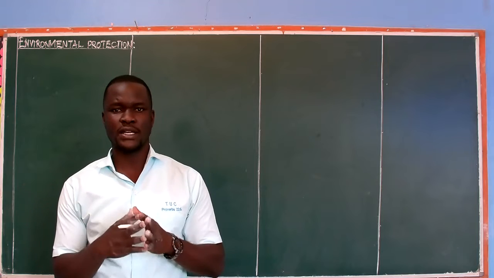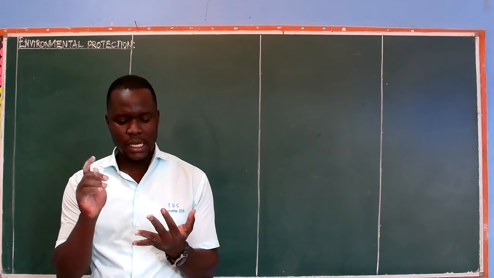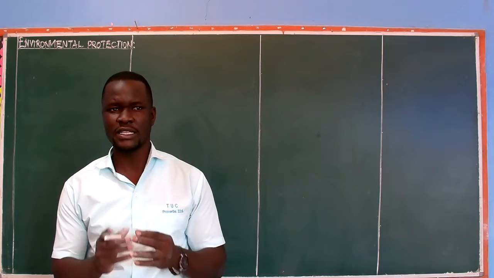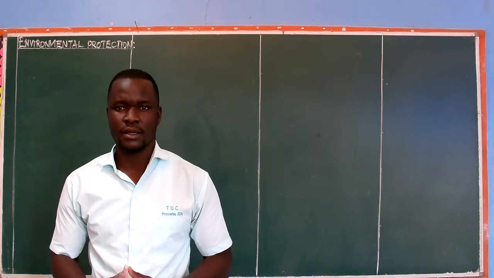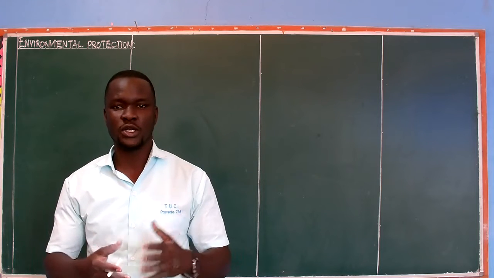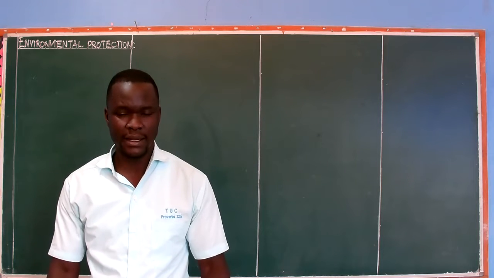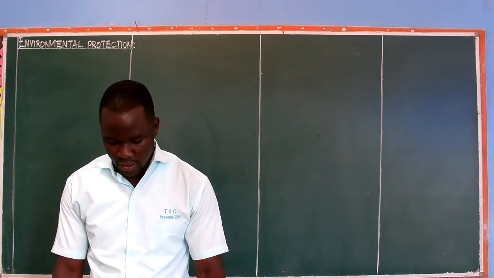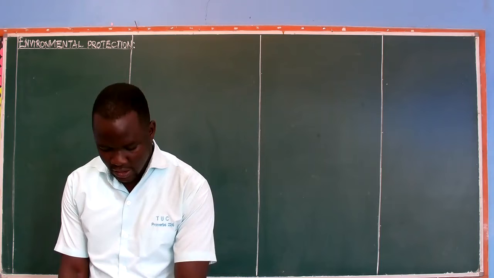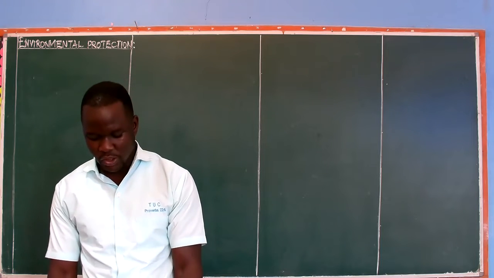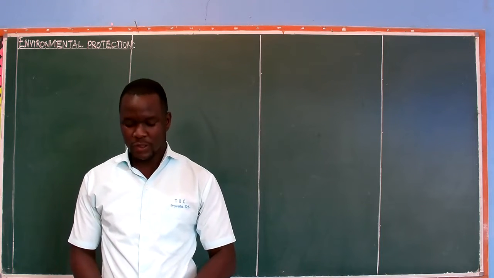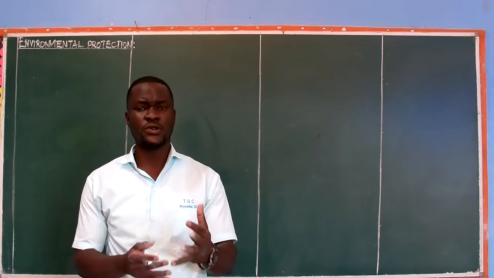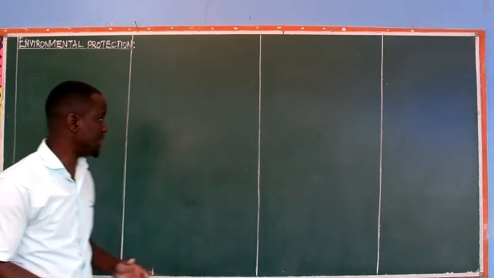Here we have got two words, environmental, then protection. Environmental comes from the word environment, which refers to man's surrounding. Then we have protection. Of course, we are looking at a good care given to the environment in this very particular context. Which means, at the end of it all, we shall be able to define environmental protection as the proper use of the environment.